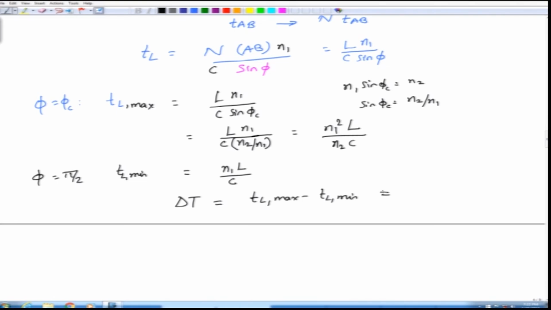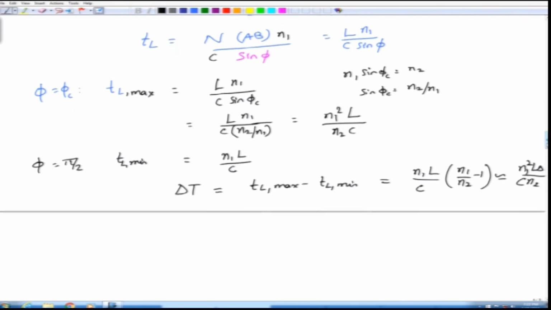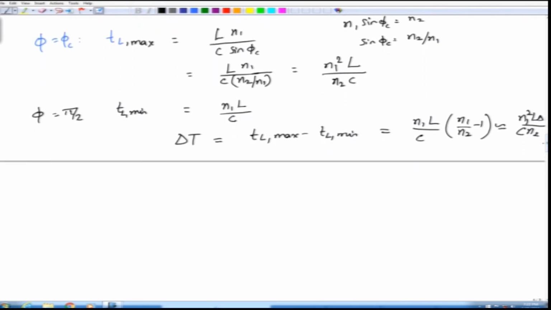I will leave it as an exercise to you to show that this is nothing but n1 L by c into n1 by n2 minus 1, which is approximately n1 square L delta divided by c into n2. Okay. So, this delta t is given by n1 square L delta by c into n2, and this is the length over which your pulse actually gets broadened.